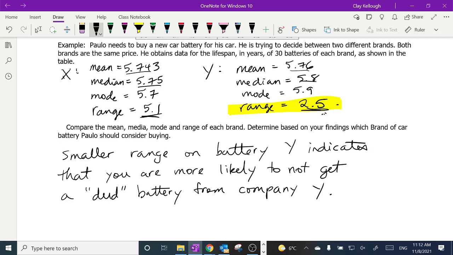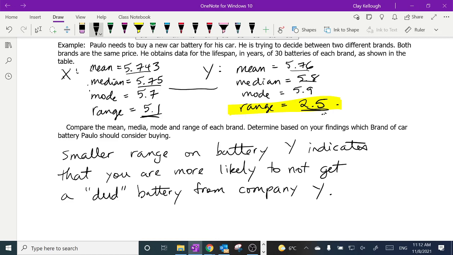We're going to learn in the next part of the chapter, the part that we're going to do tomorrow, that there is a technical way to measure how close all of a data set is to its own mean. It's called the standard deviation. And we're going to use this data to just show that sometimes mean, median, and mode don't really tell the story.